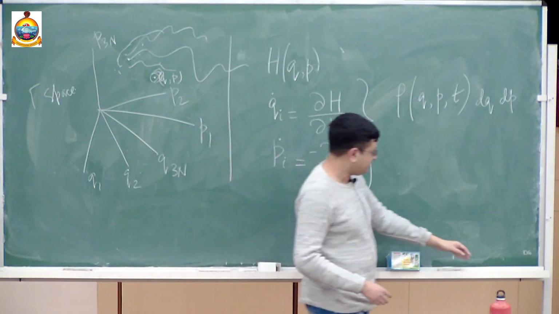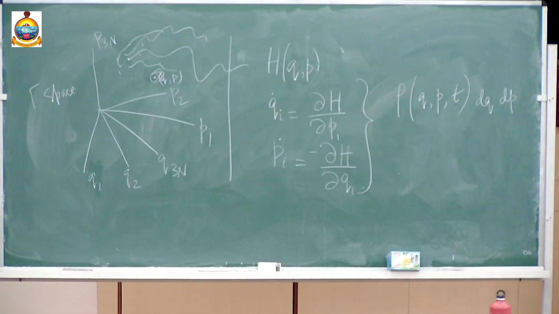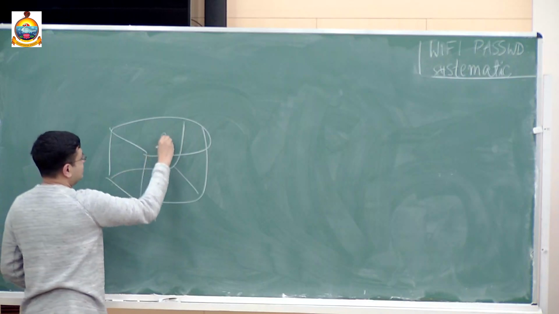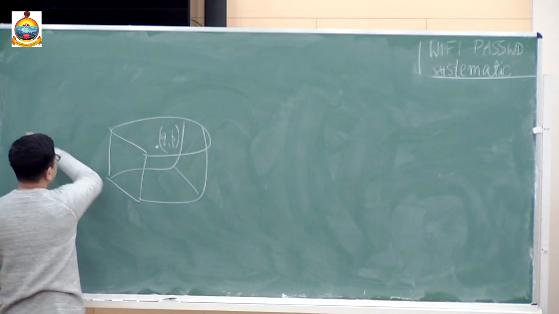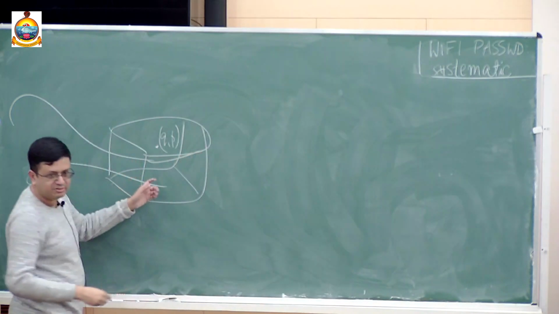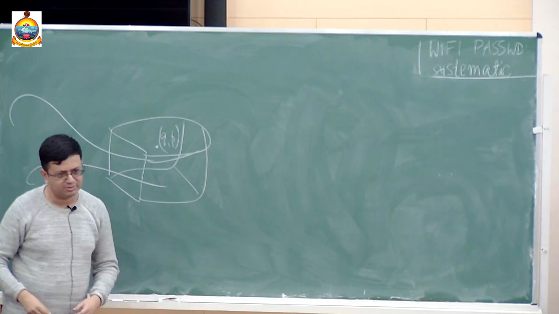Is this point clear? Let me draw this a bit bigger. This is your observation point (q, p), and as time goes by there might be some trajectories that enter that region, or some points that leave, and so on.